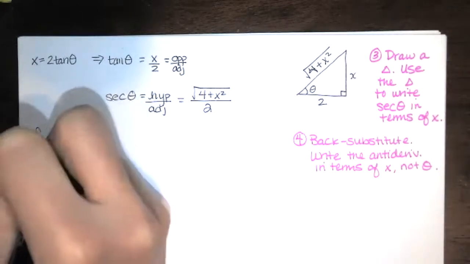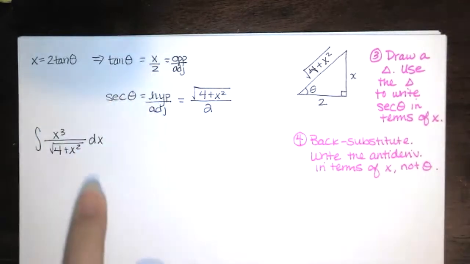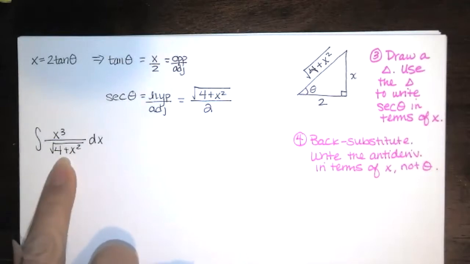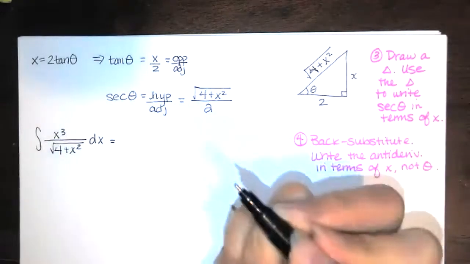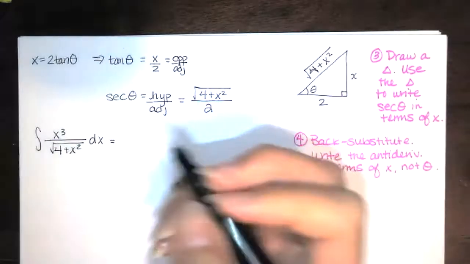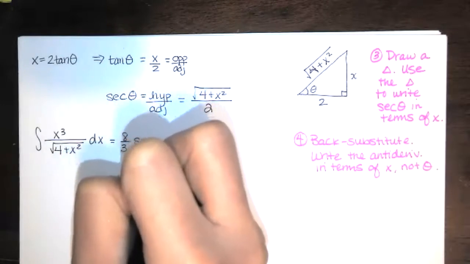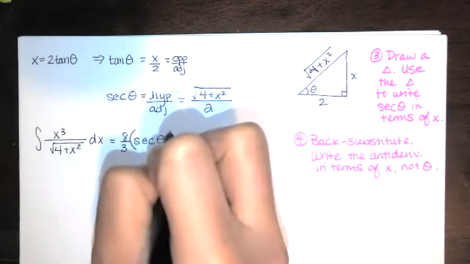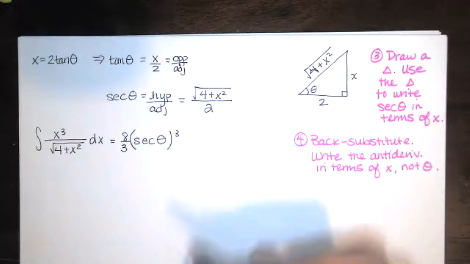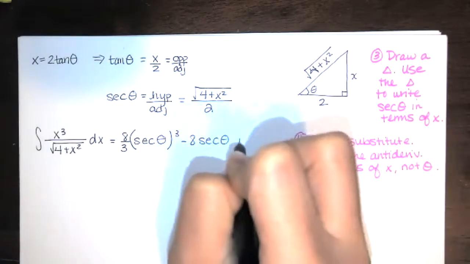It's an antiderivative. We wanted to know what function can we take the derivative of that will give us this back. Well, we did a trig substitution. That trig substitution led to a trig integration, and that trig integration led to this result. I think I'm going to write it like this now. That's 8/3 secant of theta quantity cubed minus 8 secant of theta plus c.